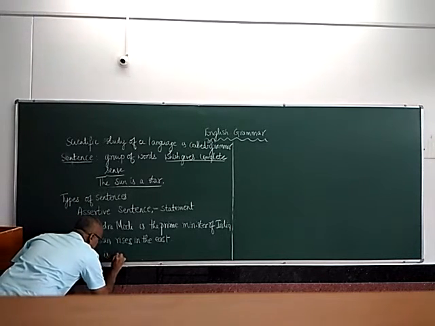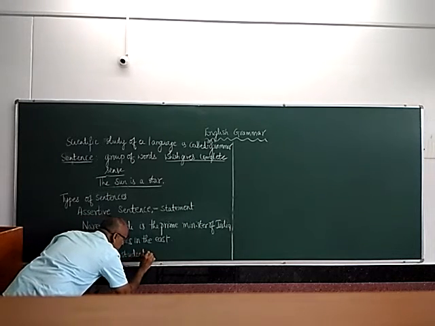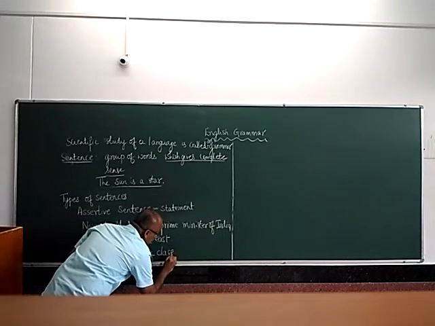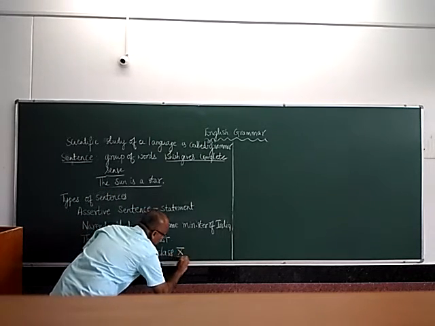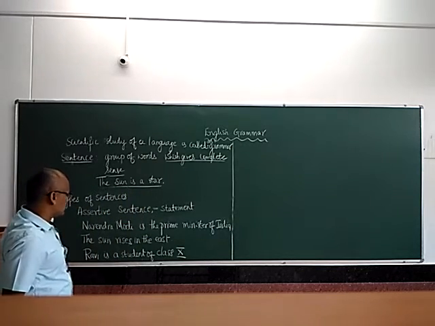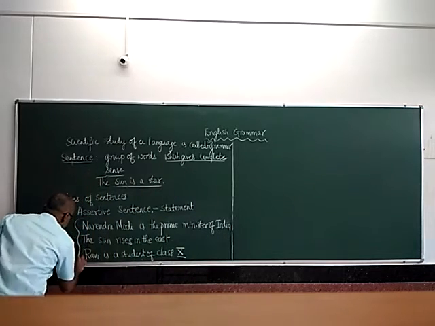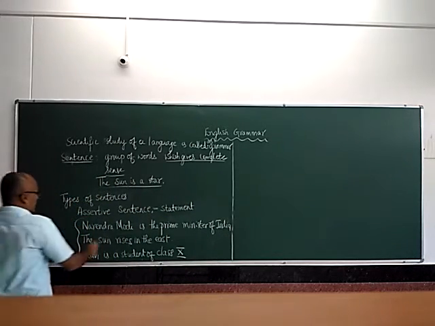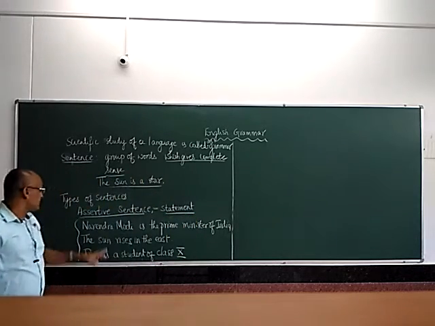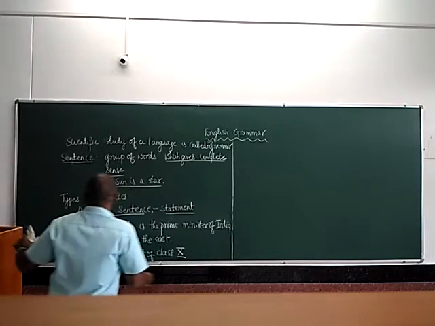Ravi is a student of class 10. Maybe true. So these are all assertive sentences. These are all statements. Any sentence which is a statement will be considered an assertive sentence. Okay, this is one.